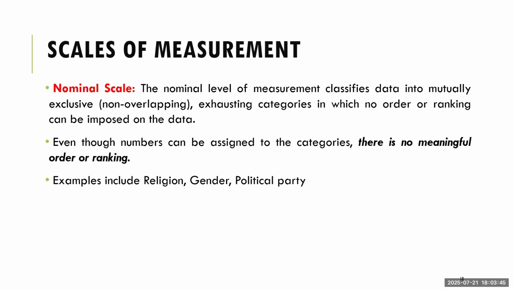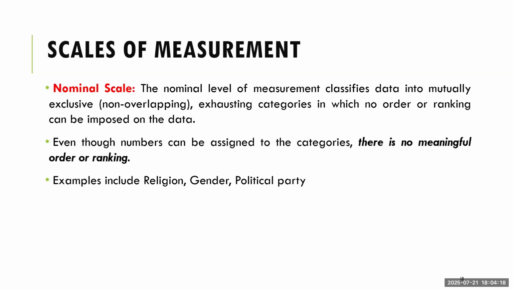For the nominal scale, remember I said the nominal and the ordinal are categorical variables. But what differentiates them is, number one, in the nominal scale, the categories are mutually exclusive. In addition to being mutually exclusive, there is no order or ranking to the data.